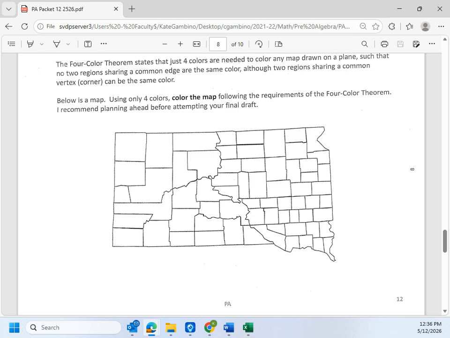So if I color this one in red, I can't use red here or here because they touch. If I colored this in red, I could color this in red because sharing a vertex is okay.